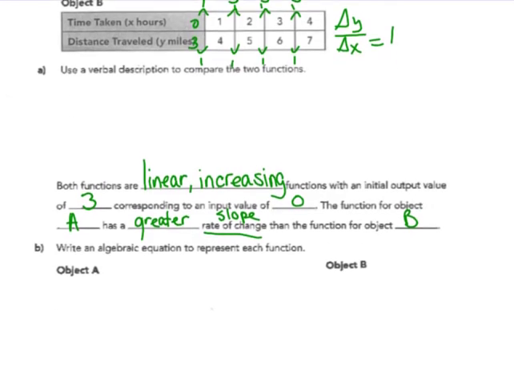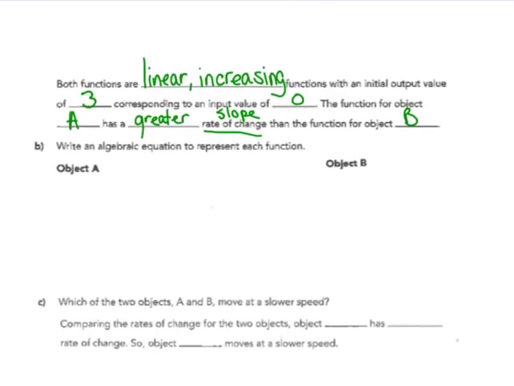Write an algebraic equation to represent each function. Well, y equals mx plus b. We know in object A, m is 3, and b is, oh, I figured it out, it's (0, 3).